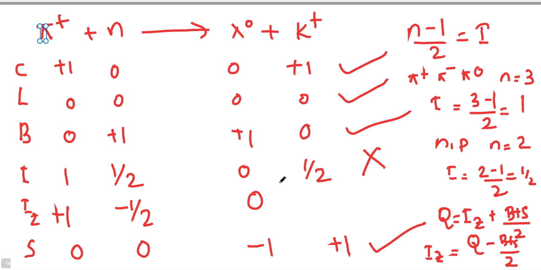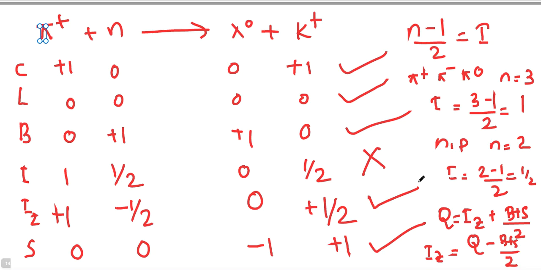B plus S is plus 1 by 2 here. Because this B plus S is plus 1, charge is plus 1. So 1 minus 1 by 2 is plus 1 by 2. So when you add in the LHS, we get 1 minus 1 by 2 equal to 1 by 2. And 0 plus 1 by 2 is also 1 by 2. So LHS we have total 1 by 2, RHS we have total 1 by 2, therefore this is conserved.